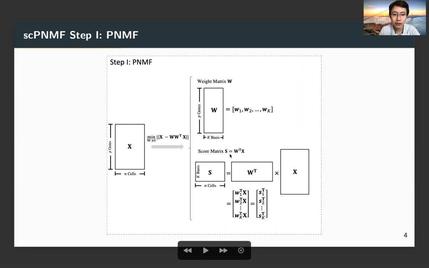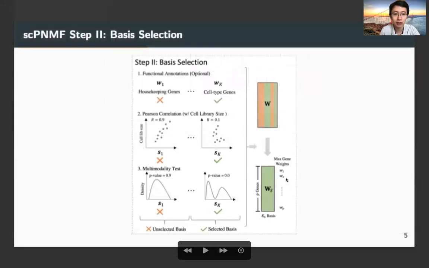And the score matrix S is a low-dimensional representation, using W to project X onto the K-dimensional space. Here you can see each score vector in S corresponds to its own basis vector from the weight matrix.